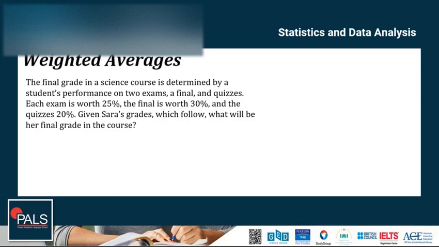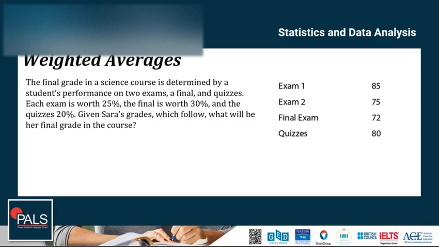Each exam is worth 25%, the final is worth 30%, and the quizzes are 20%. Given Sarah's grades, which follow, what will be her final grade in the course? Exam 1 is 85, exam 2 is 75, final exam is 72, quizzes is 80.